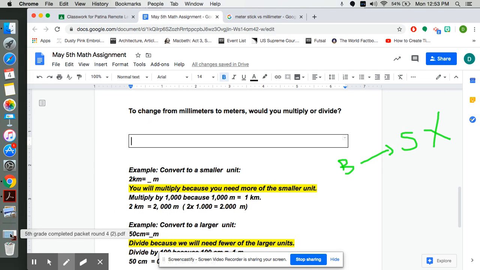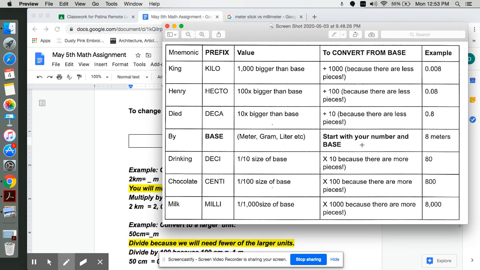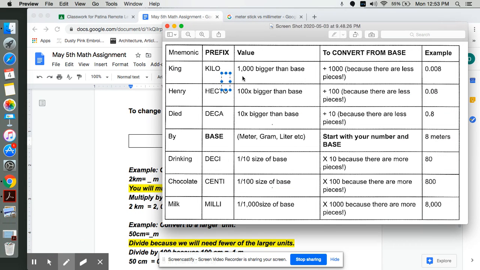So I'm looking on this chart here, and I want to get from this kilo down to this base.